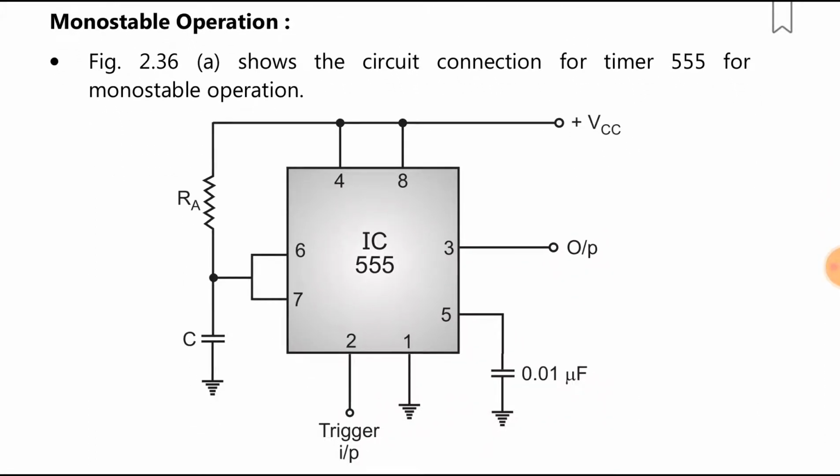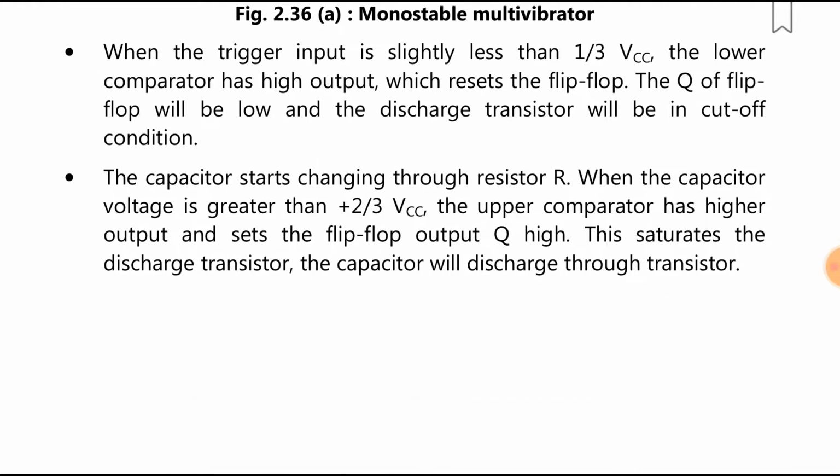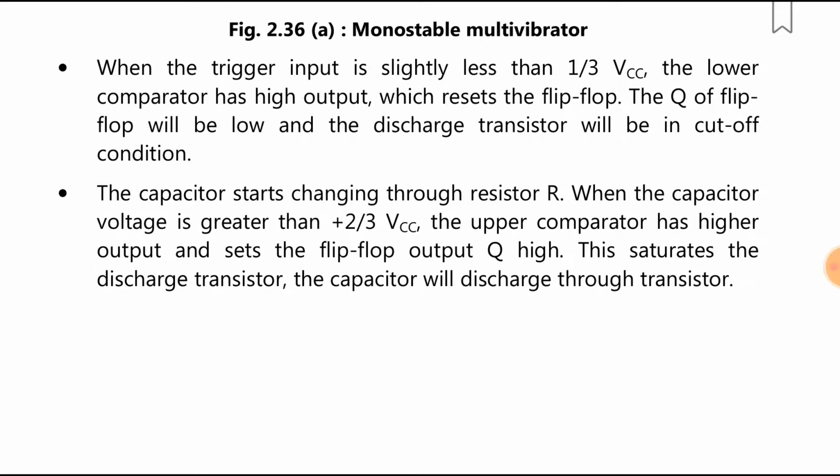Now the circuit connection for the 555 timer for monostable operation. Here only RA and C are connected, RB is absent. When the trigger input is slightly less than 1/3 VCC, the lower comparator has a high output which resets the flip flop.